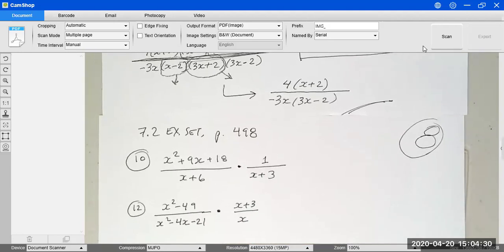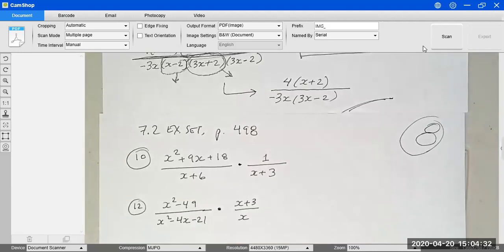So work these two only, and then we're going to continue with a couple of examples where we're going to divide rational expressions.